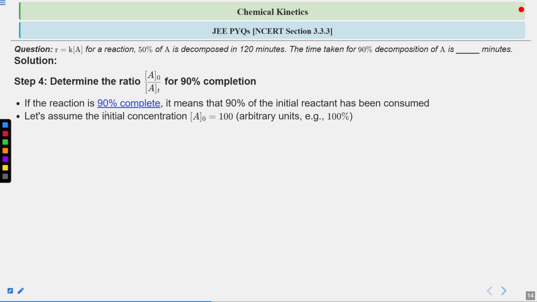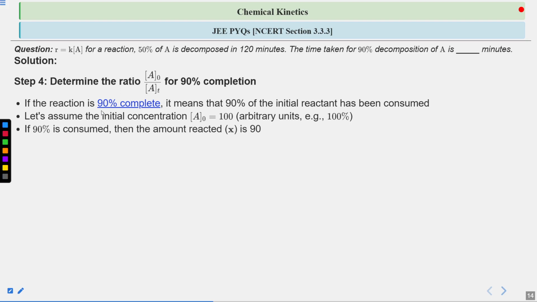Now let's assume that the initial concentration A naught is 100 in arbitrary units, for example 100%. Wherever a percentage is given, we try to consider the initial thing as 100%, like something is 100% and then it is changing by 50% or 90% in this case.